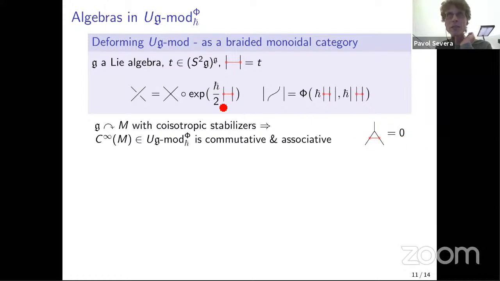That then means that all this strange stuff appearing in this exponential or in the associator will just die. If you want to verify whether it's commutative or associative, from this exponential you will keep only 1, and from this associator you will also keep only 1. Anything which contains at least one chord just disappears.